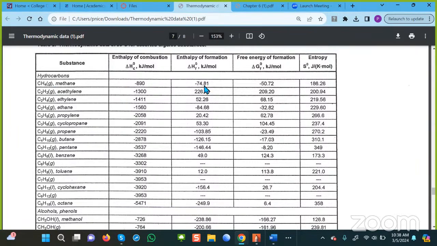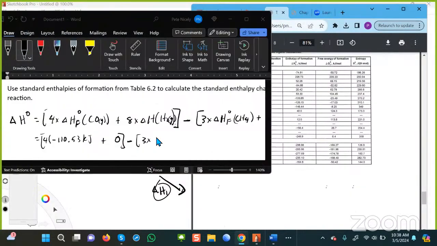Methane, the enthalpy of formation is minus 74.81 kilojoules. So let me put that here. Minus 74.81 kilojoules. And then that takes care of, oh no, actually, hold on. I jumped the gun. Where's the eraser?